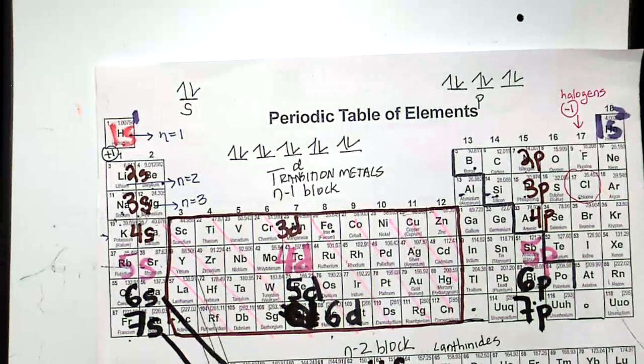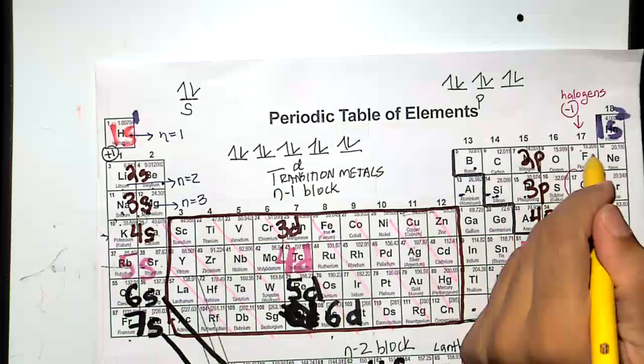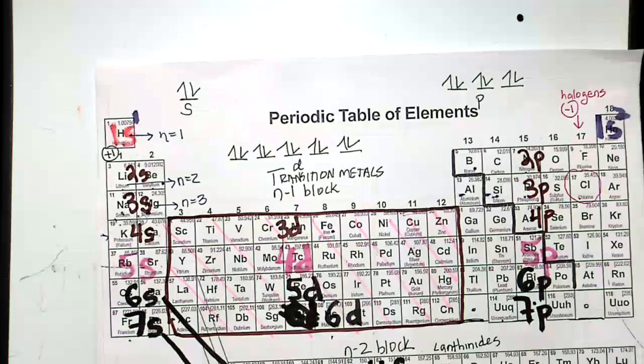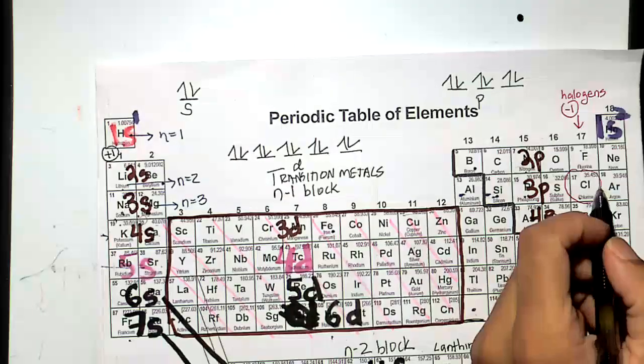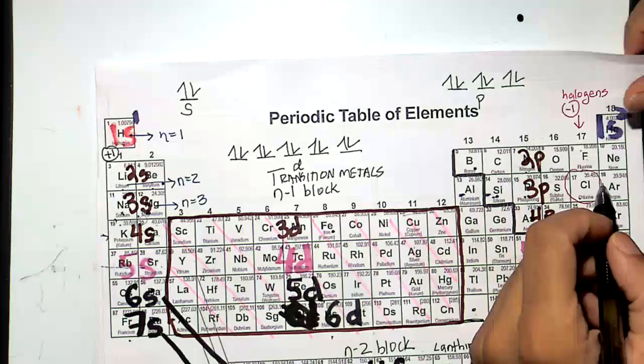Na plus. What will it have the same number of electrons as? Neon is the right answer. So what is another isoelectronic pair? Na plus and neon.